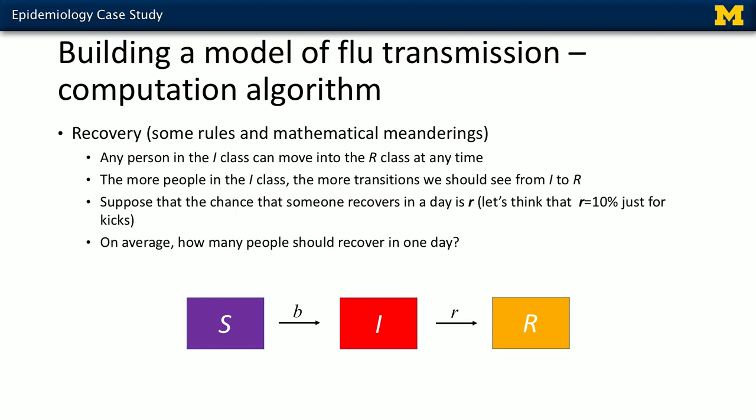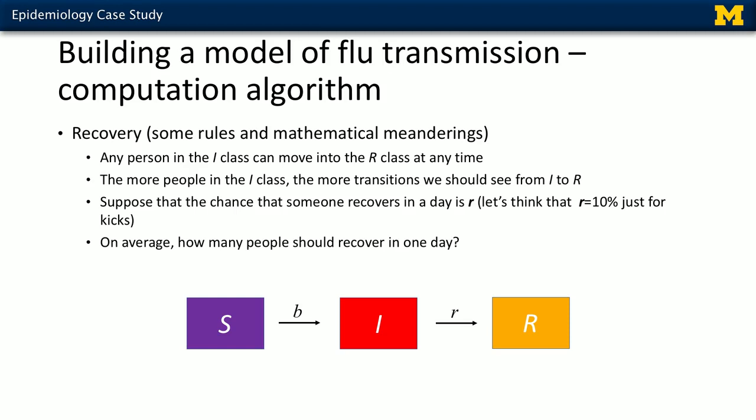Just to give you some intuition, let's assume that the recovery rate is about 10% per day. So 10% of the people who are infected on any given day will recover on that day. We're going to make the parameter 10% and think about that as something to help us. So a question is, on average, how many people should recover on any given day?